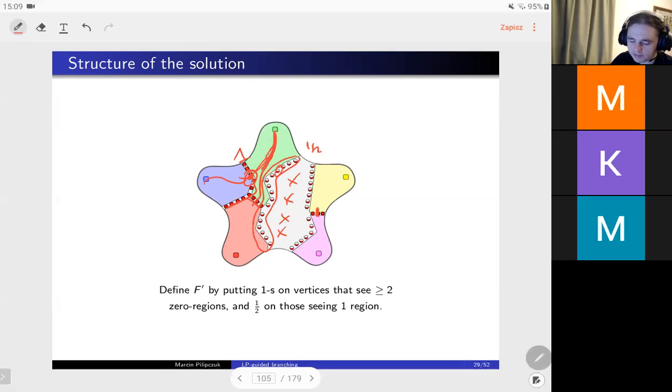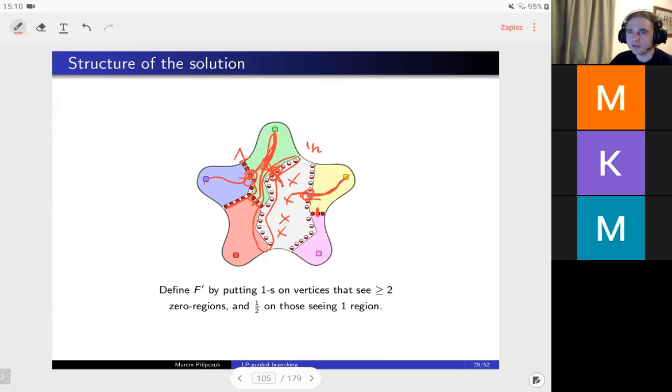If it leaves by a half vertex, then at the other endpoint of the path it also needs to hit a half vertex, and a different one, because this vertex neighbors only one zero region. So the other one needs to neighbor another zero region. So on every path, you either leave two different zero regions at the two endpoints, so you score at least two halves, or you go between two zero regions by one vertex, and then this vertex has weight one.